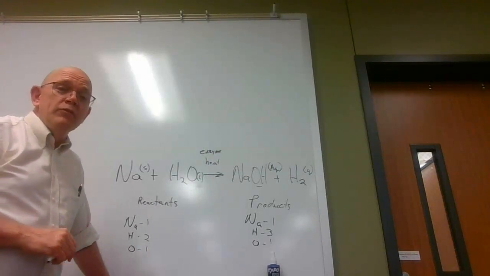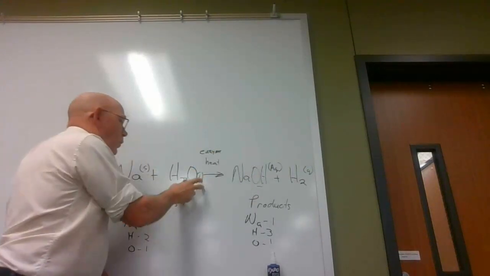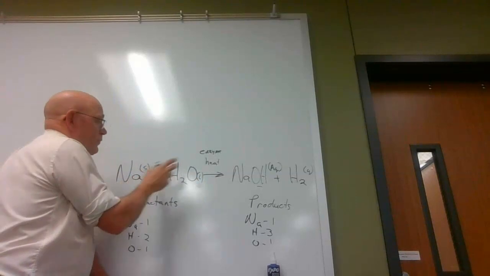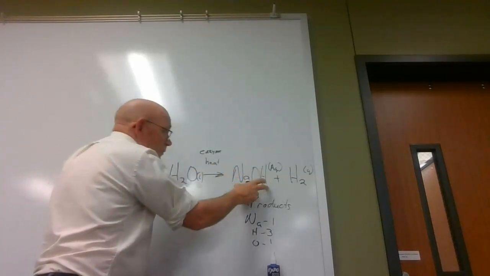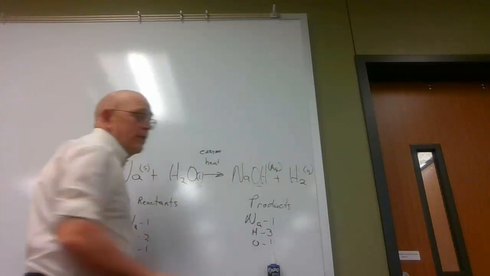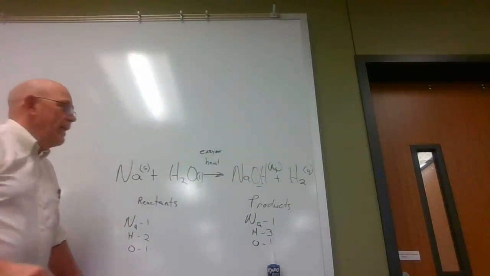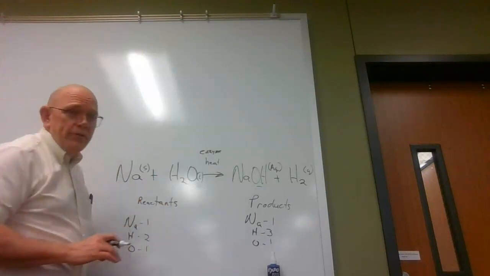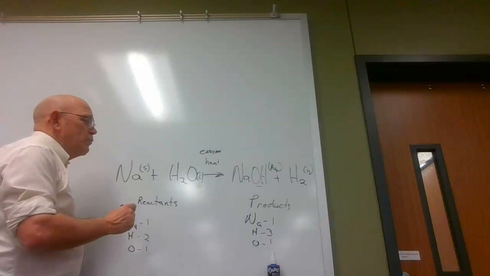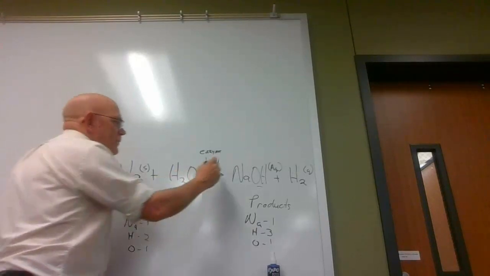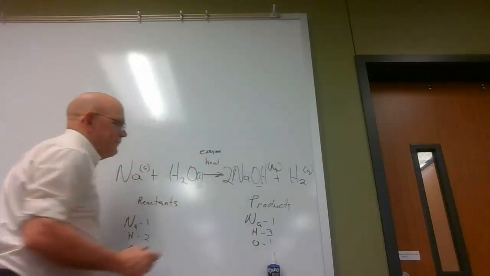To balance it, we have to do whole chunks. We have to change the whole number of water molecules, sodium hydroxide molecules, or hydrogen molecules. We can't change the formulas of those, because those compounds have a particular formula. So what we do in this case is put a big number in front of it.